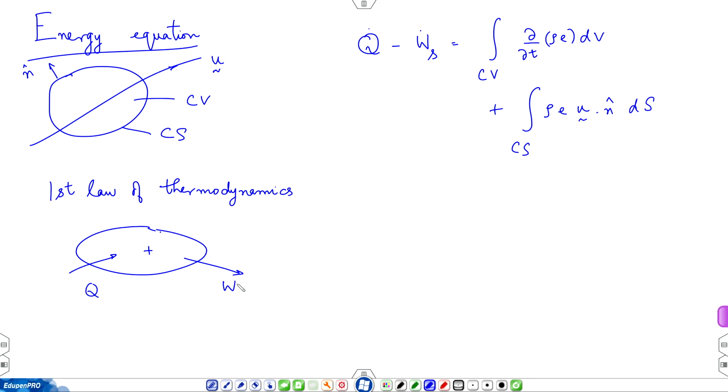Okay. If there is a change in direction, you also have to change the sign. So, with that sign convention. So, here W dot S is shaft work, which is the work done by devices that are placed in the control volume.